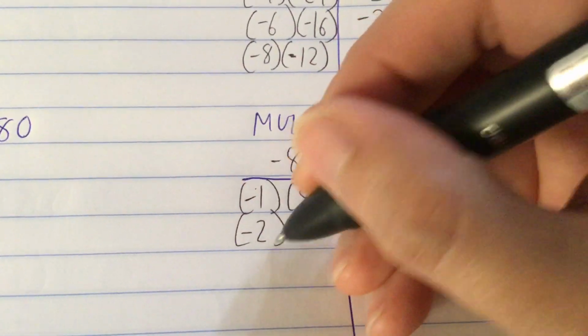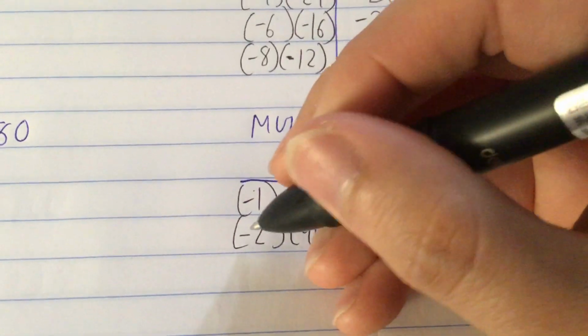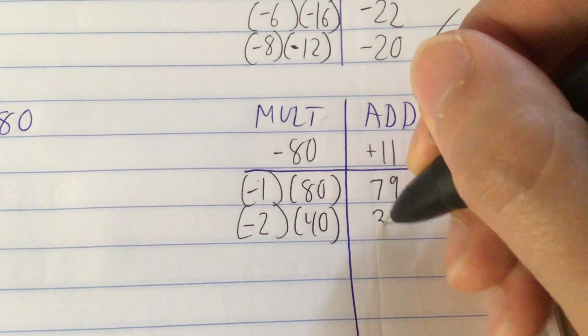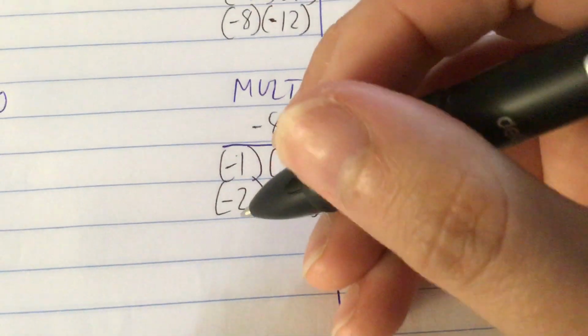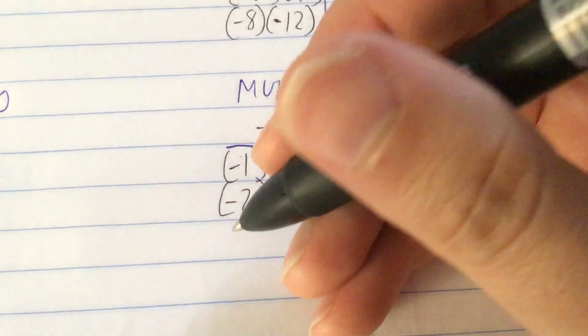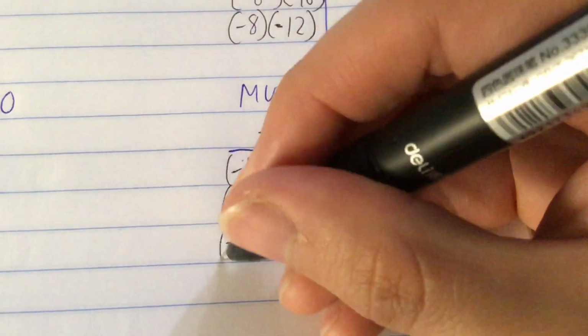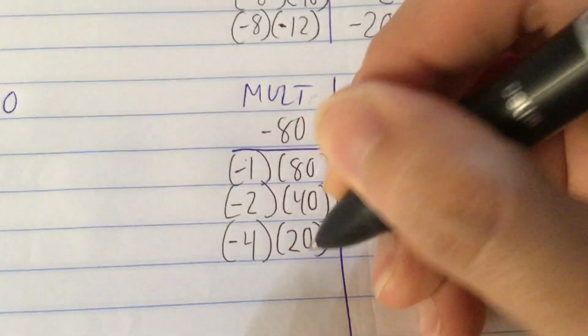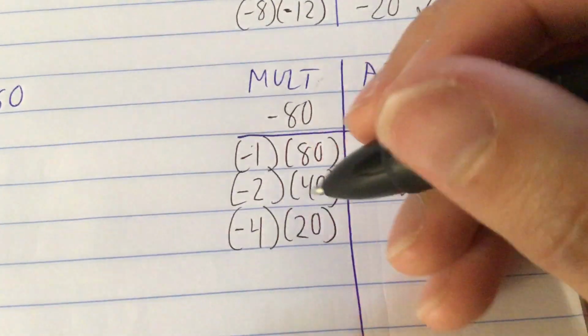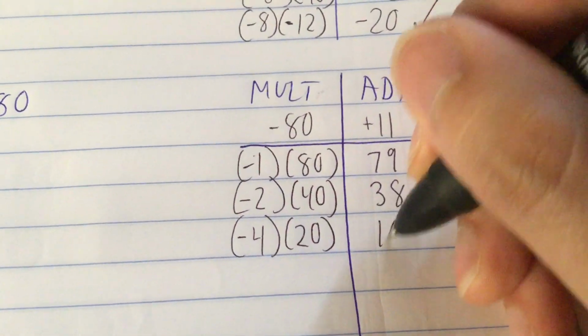Negative 2, positive 40. Negative 2 times 40 is negative 80. Negative 2 plus 40 is 38. All right, divide by 3. No, that's a decimal. Negative 4 and positive 20. Negative 4 times positive 20 is negative 80, but negative 4 plus 20 is positive 16.